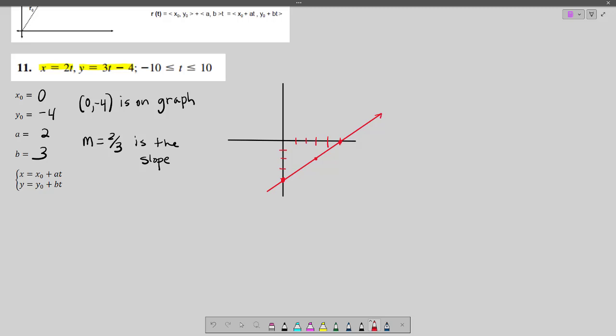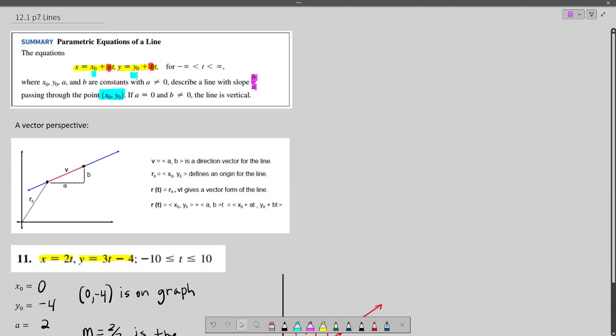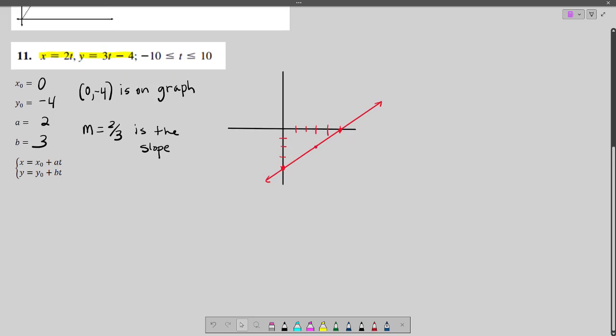Should it be 3 over 2? So when we look up here, the slope is going to be b. Oh, is that what I did wrong? It's going to be y over x. So slope is always y over x. Oh, thank you. Yes, that is what I did wrong. So just like when you're finding slope in algebra, the x's go on the bottom.